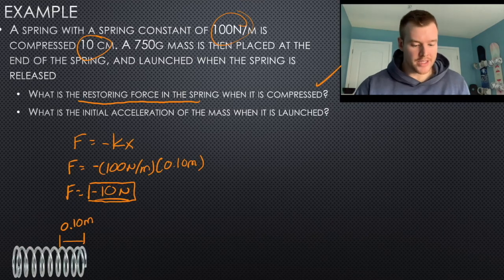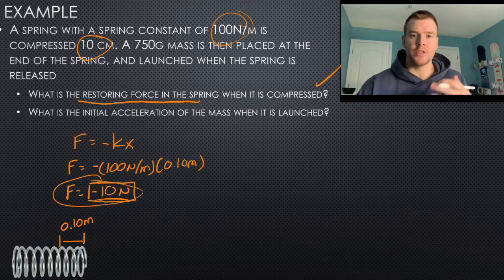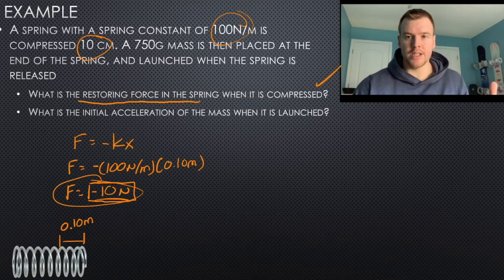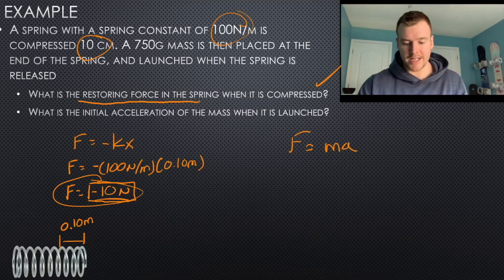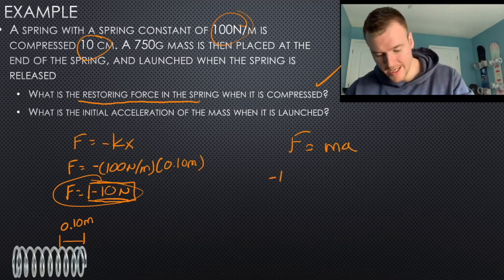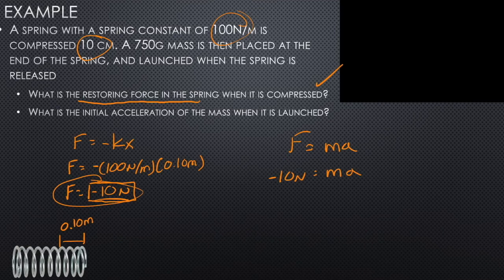We haven't really covered this yet. We think this is the amount of force that the spring is going to be applying, 10 newtons. So how much is that going to accelerate the mass? Well, we have another formula, F is equal to ma, and so we're just going to be able to use that. So I know the force is negative 10 newtons, equals mass times acceleration.